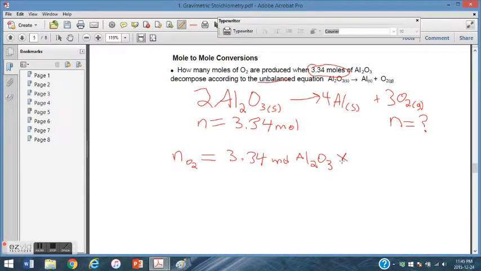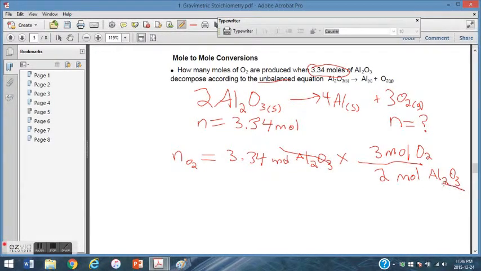I'm going to multiply it by the mole ratio. Put it as a fraction, moles of what I want. According to the equation, there are 3 moles of oxygen for every 2 moles of Al2O3. Looking over here, hey look, units.